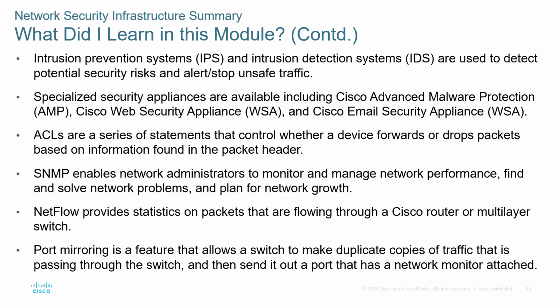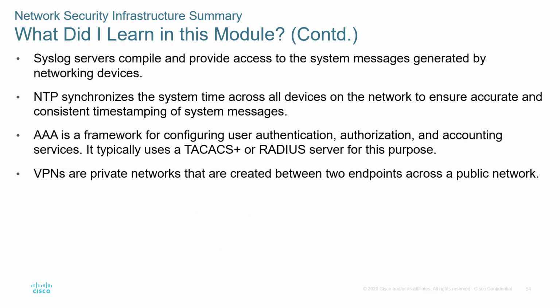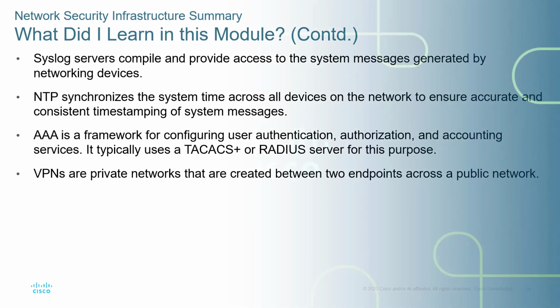We looked at ACLs. We looked at SNMP, NetFlow, and SPAN for port mirroring. We wrapped it up with NTP, logging, and AAA based services, and we discussed at a very low level VPN connections and their purpose to extend through a public network.